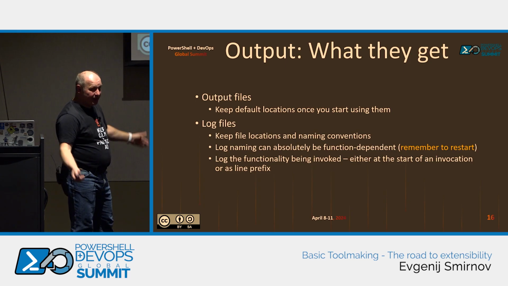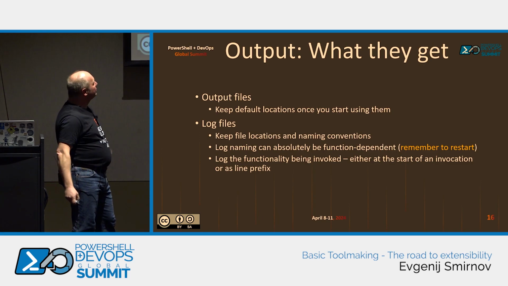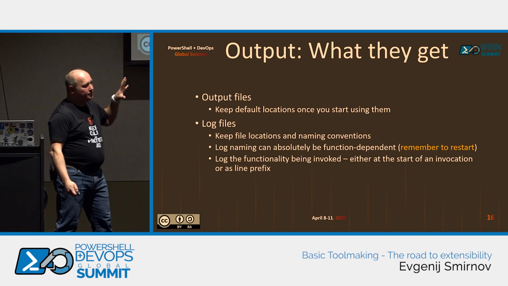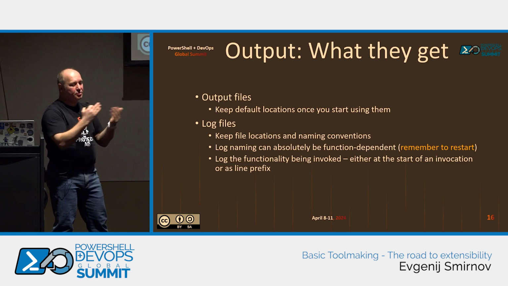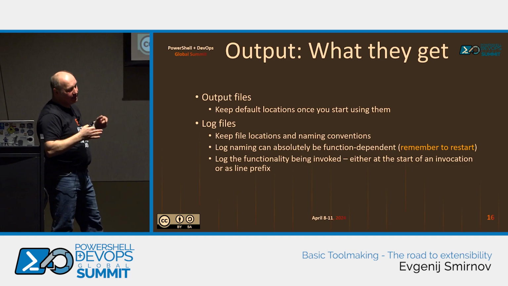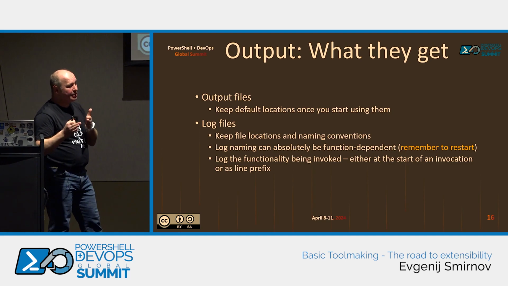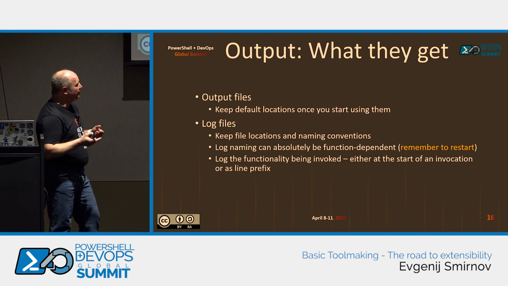Log files, same thing. Keep the location constant, keep the naming convention constant. The naming of log files can be function dependent. If your module does several things that are not related to each other, multiple functions against the same target, it's okay to provide several differently named logs for them. You need to think about restarting the logging, of course.